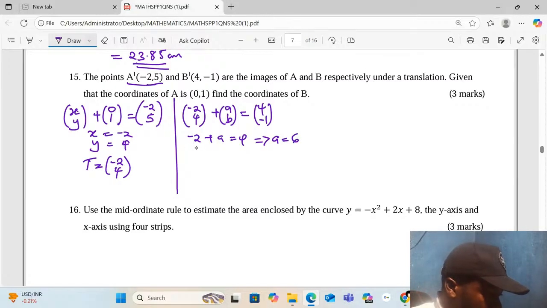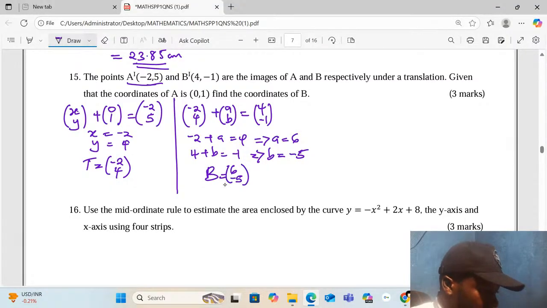Then on the lower side, 4 plus b gives us negative 1, so b becomes negative 1 minus 4, which is negative 5. So the coordinates of B are (6, -5).